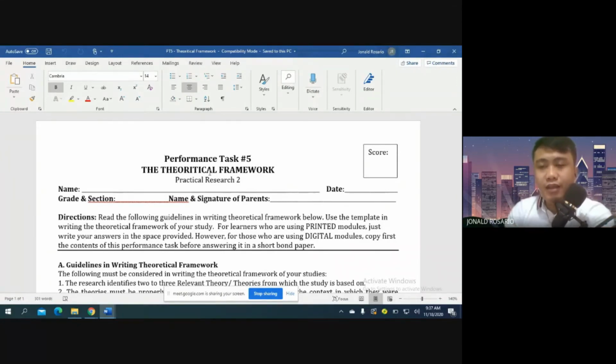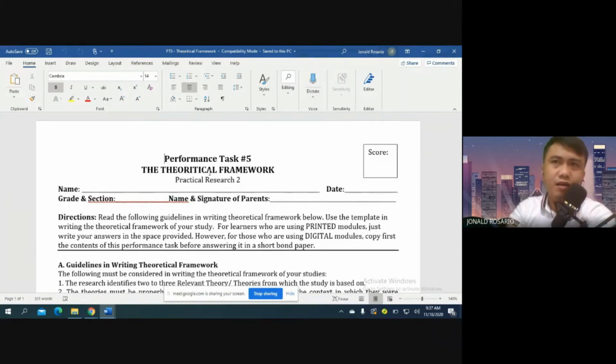Yan yung ating magiging basis. Yan yung mga theories na magiging basis ng inyong study. Yan. So magiging basihan ng study niyo yan, mga theories yan. Pwedeng maglagay kayo ng 2 to 3 theories.